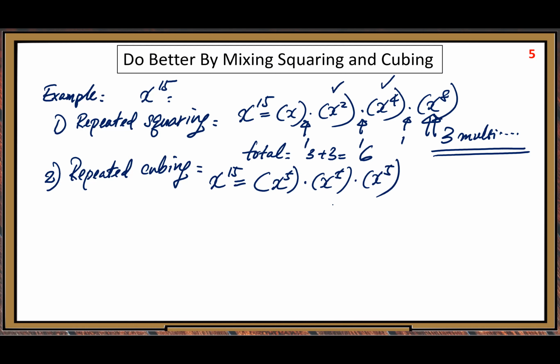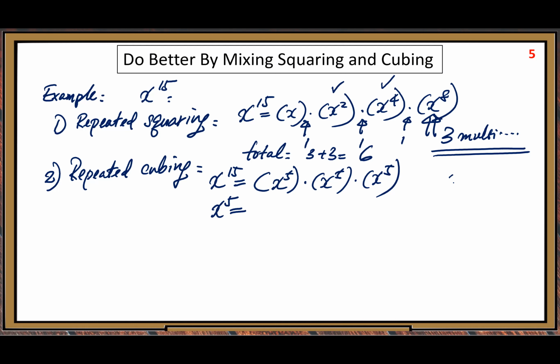But we need to calculate x to the 5th first, and we take the repeated cubing way.